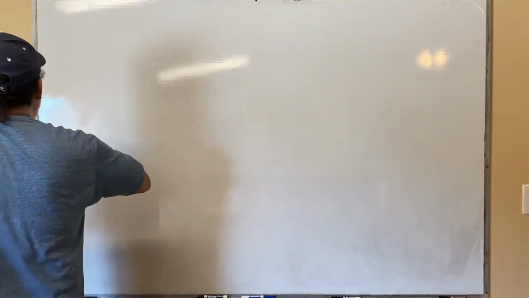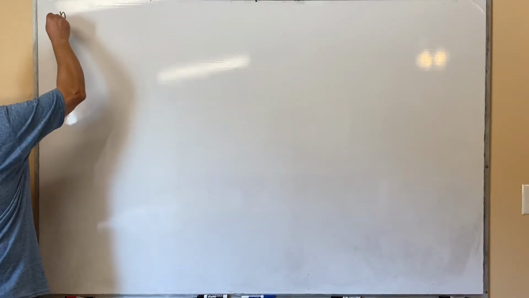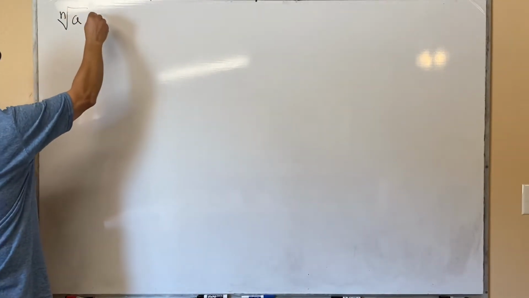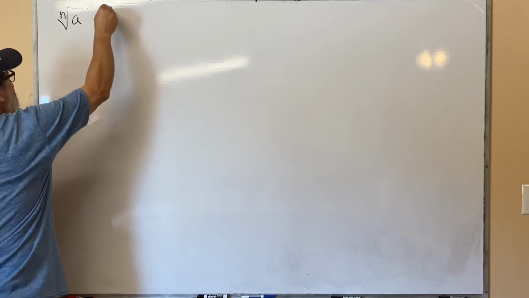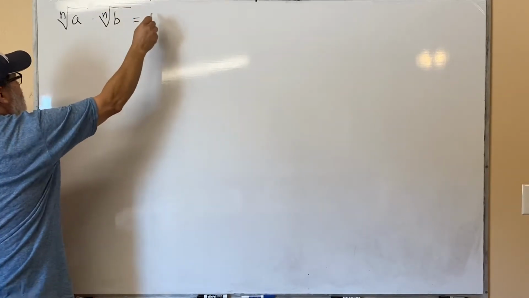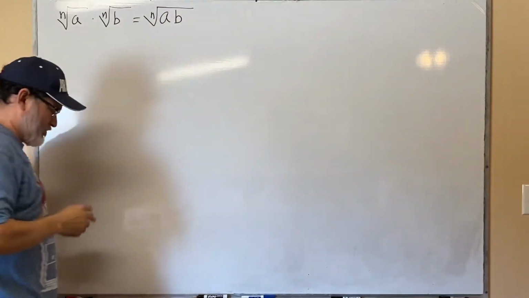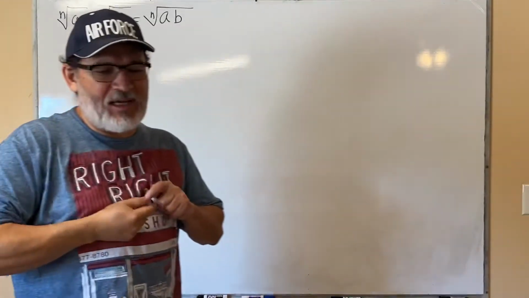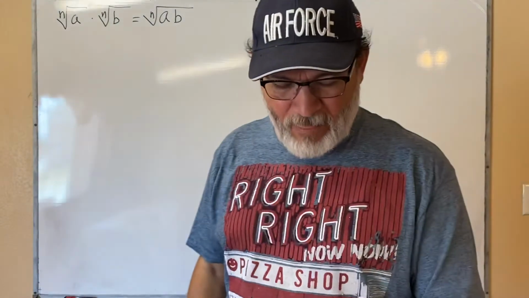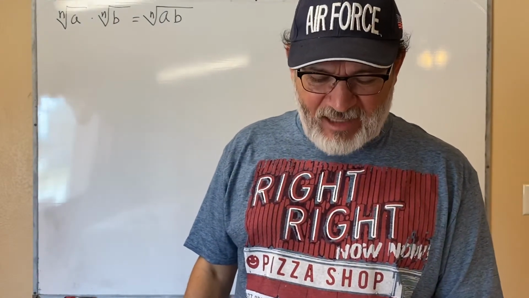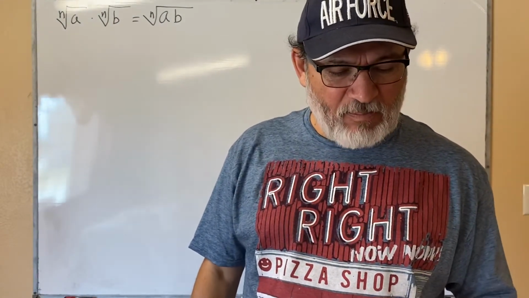To multiply radicals, we need this rule. The nth root of A times the nth root of B equals the nth root of A times B. We need that rule. Once we understand that rule, we can multiply radicals.